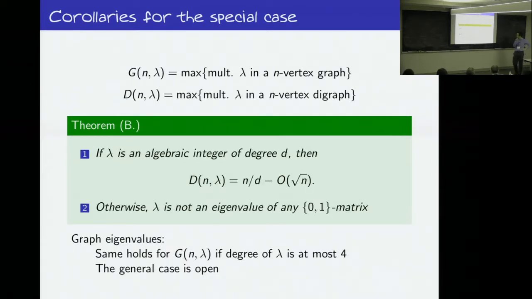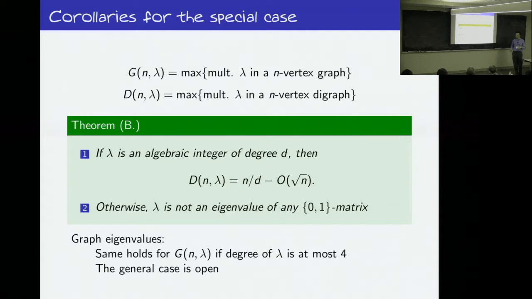Before that, sorry, I forgot. I wanted to mention this corollary for the graph case, the graph multiplicity case. Here I can't do the full graph case, but I can do digraphs, which is an easier case where the matrix is not required to be symmetric. In that case, the maximum multiplicity of a number lambda is n over d, where d is the degree of lambda, if lambda is an algebraic integer.